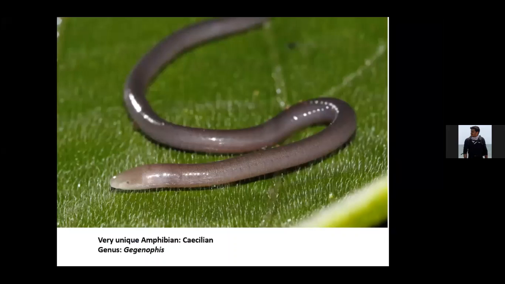They are usually seen under leaf litter, soils, stones. And these are the vertebrates with tentacles. They use the tentacles for sensing and communication. Another unique thing about this genus is that their eye is inside the skull.